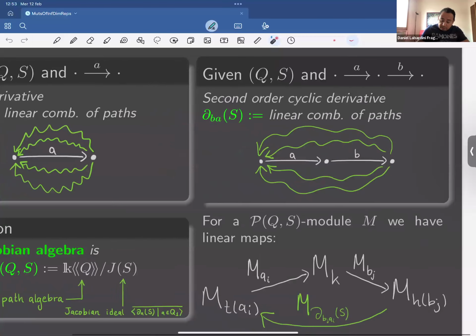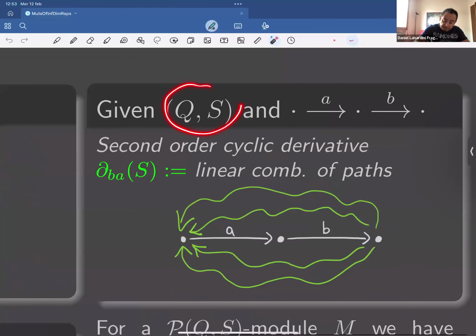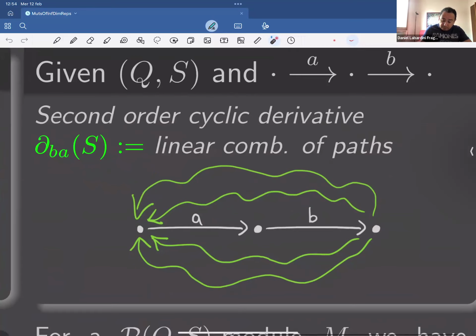Given a quiver with potential and a path of length 2, one defines the second order cyclic derivative with respect to that path of length 2. It has a specific definition, which is very similar to the definition of first order cyclic derivative. I'm not going to give it explicitly or precisely.